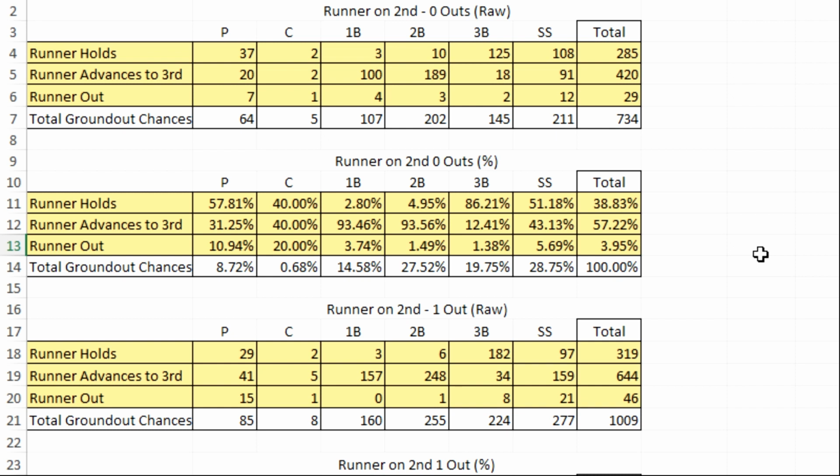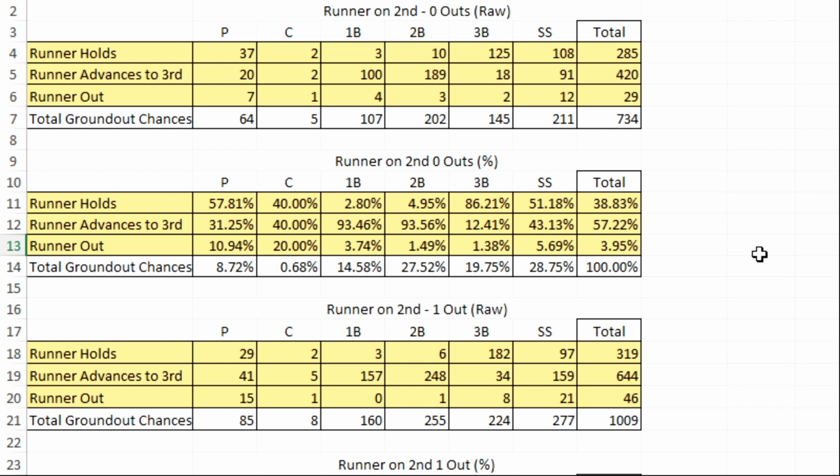Any start to an extra inning where there's a runner on second base, all of those plays are included in here because they qualify for the runner on second situation. But I think that just gives more data to tell us what happens in those cases. I didn't break it down and separate by extra inning versus regular game time. I didn't get that detailed. I just wanted to get the broad strokes here.